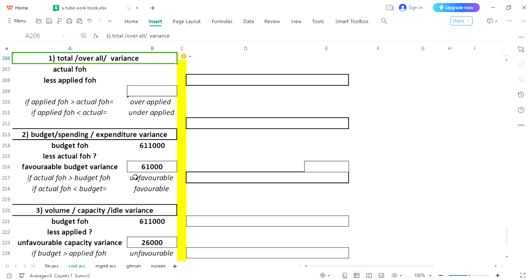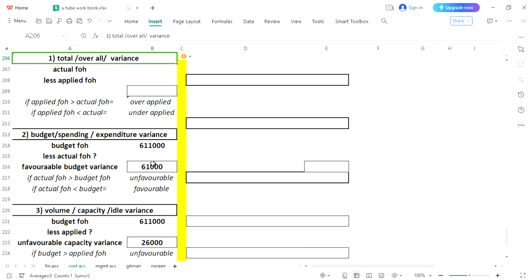You can see that for actual FH there was a question mark, for applied FH there was a question mark, and the same thing is asked in the question. Another interesting thing is you are not having anything on the right side. No supporting statement has been written over here, it's vacant. And the second interesting figure is there is no amount written over total variance, not even a formula was mentioned over here.